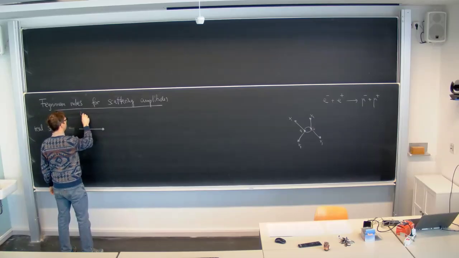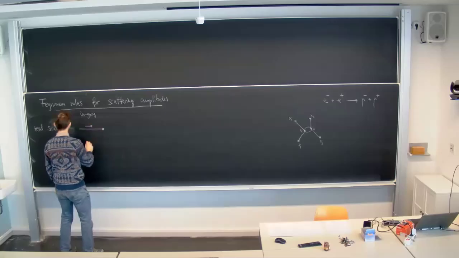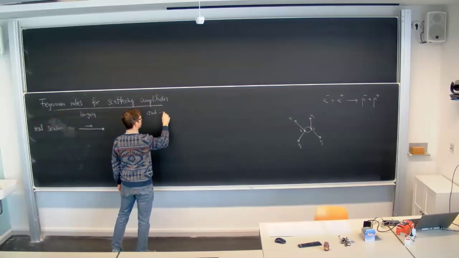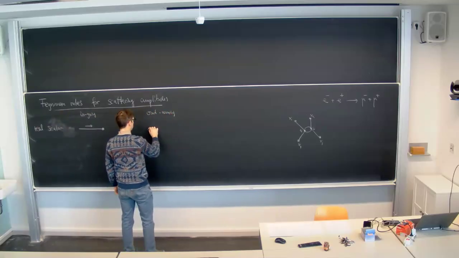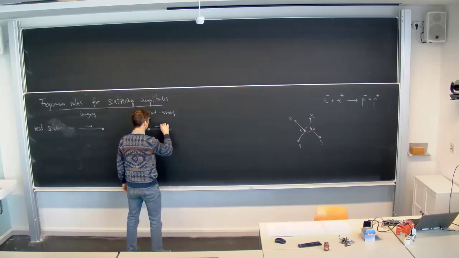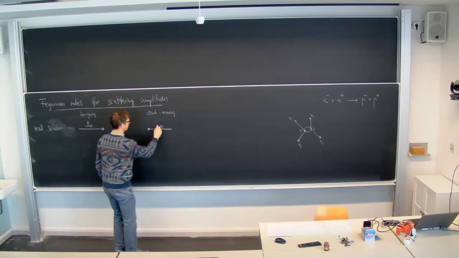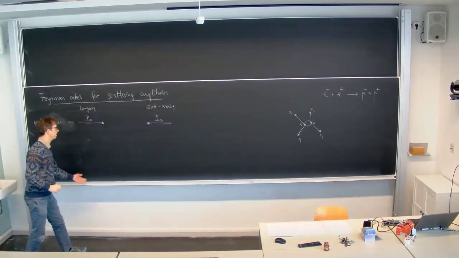This is incoming, and then we have outgoing. That looks like this. So the arrow is away from the vertex. And here I write p, and here p, usually it's k, but it doesn't matter.